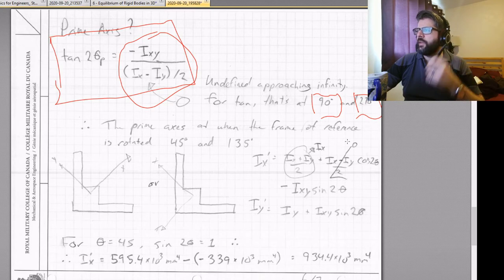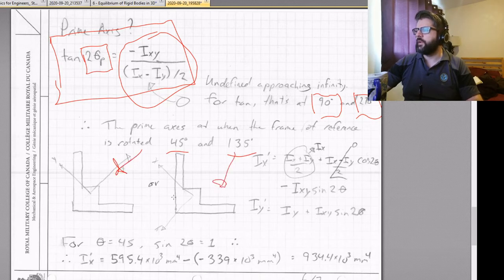So if that's undefined, that happens to tan at 90 degrees and 270 degrees, that means the prime axes are going to occur at half those values. We need to rotate our frame of reference 45 degrees, or 135 degrees, in order to get our prime axes.